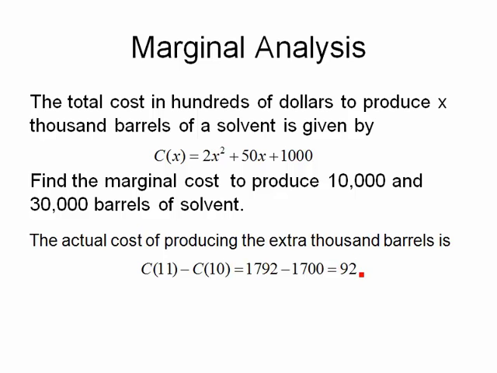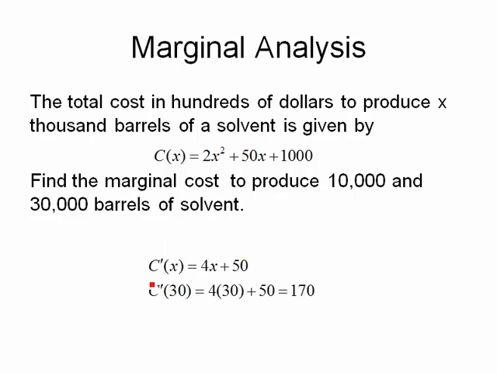And that 92 corresponds to $9,200. So the actual cost is $9,200. The marginal cost was $9,000 because remember, in this case, because this is a curved function, the marginal cost is an approximation of the actual cost of increasing our production by 1 unit.